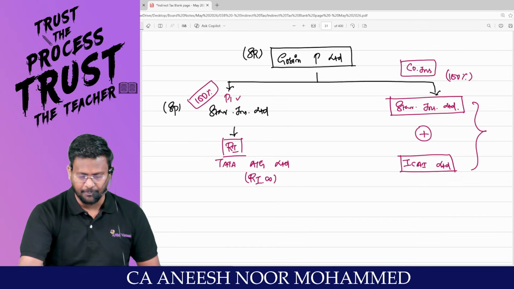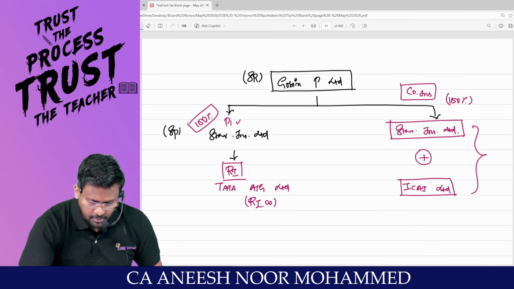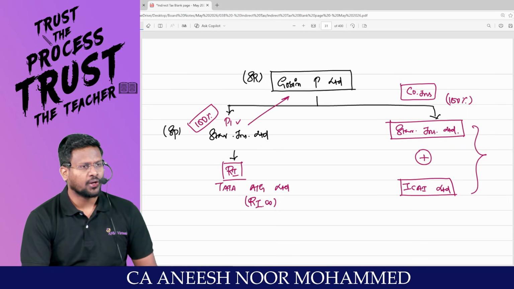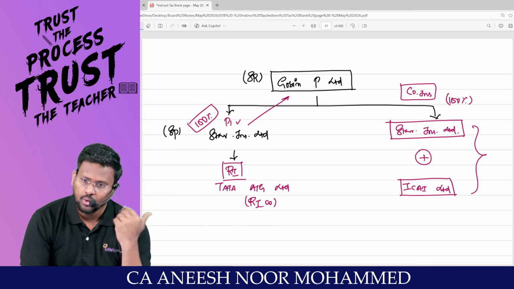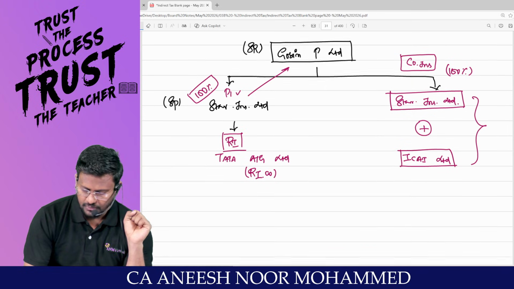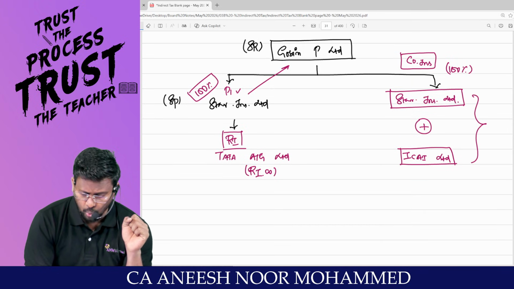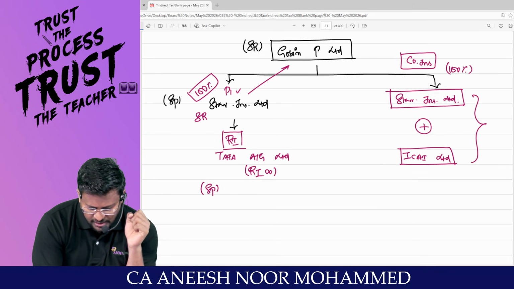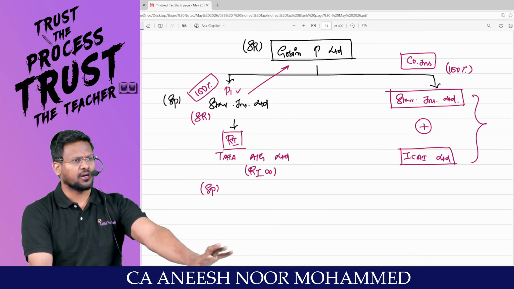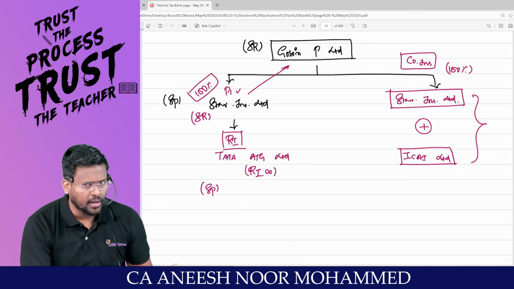Let me ask you a question. Sir, here Star Insurance Limited is providing service to Gopin. Who's the service provider? Star Insurance. Who's the service recipient? Gopin Private Limited. Am I right? Whereas in reinsurance, who's the service provider? Tata AIG. Who's the service recipient? Star Insurance Limited. Service recipient is the person who is liable to pay consideration.